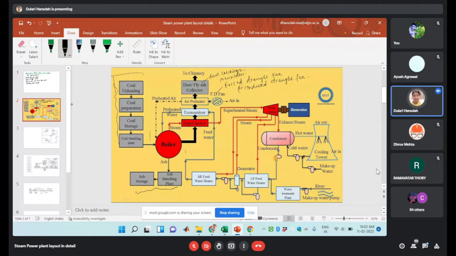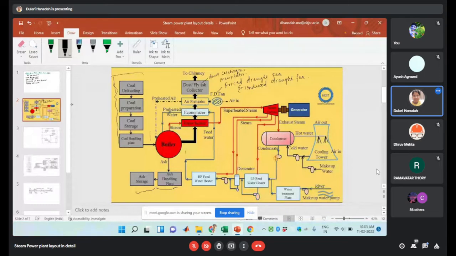Then we are having the circulating water pump, feed water heater. There are other equipments also, like your wagon tripler, which will be used during the coal handling system. Coal mill will be discussed in this case.